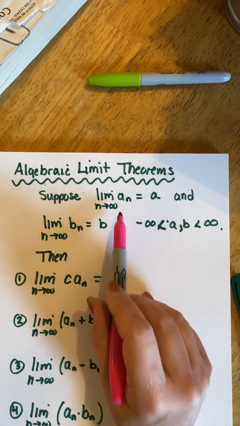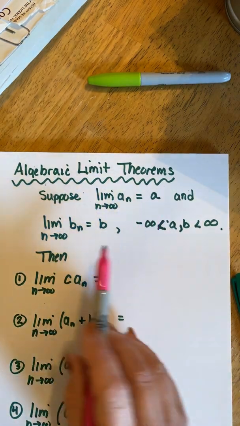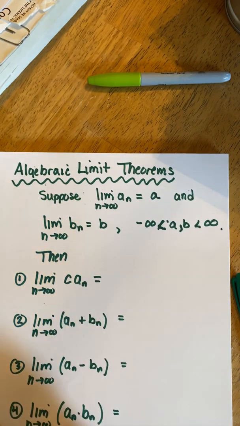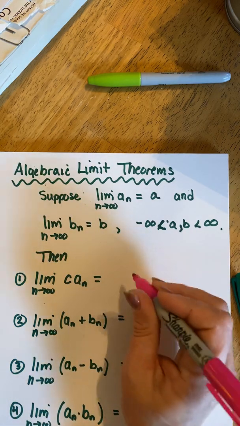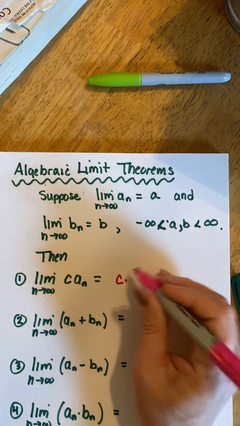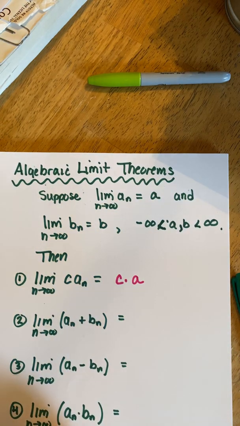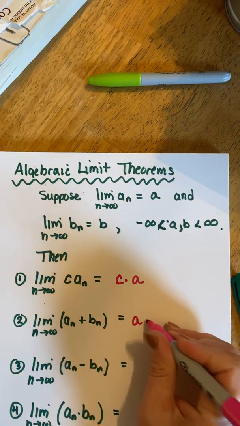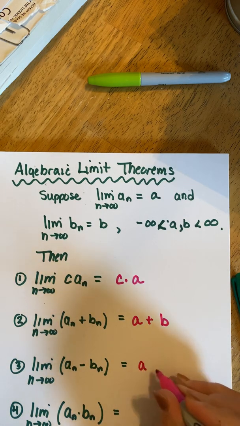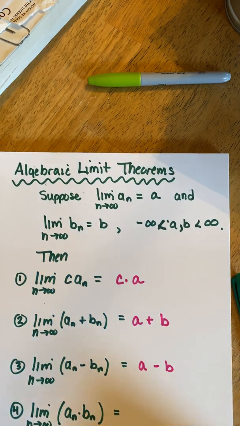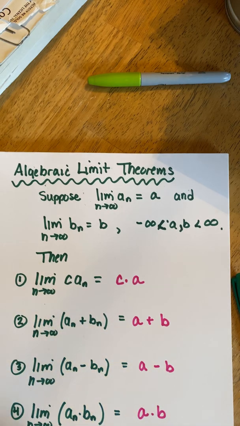So if we have a sequence an that converges to A, and another sequence bn that converges to B, where A and B are both finite, then the limit of a constant times a sequence is just the constant times the limit of the sequence an. The limit of a sum is the sum of the limits. The limit of a difference is the difference of the limits. The limit of a product is the product of the limits.